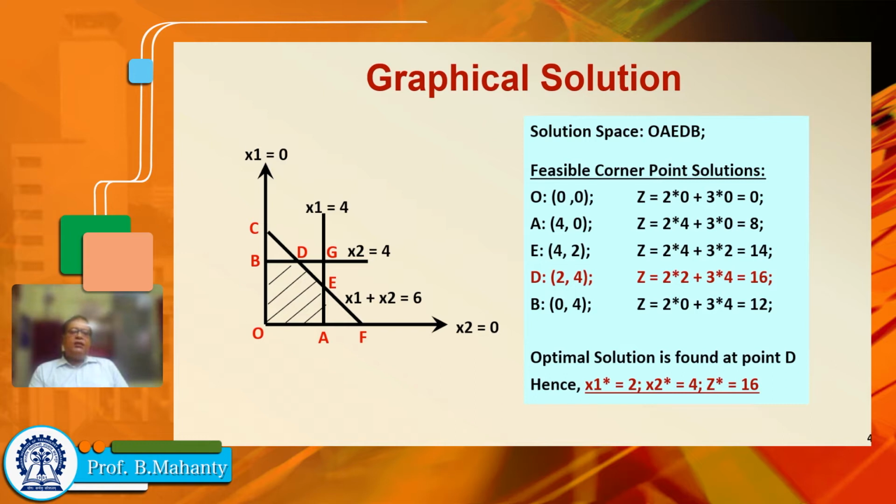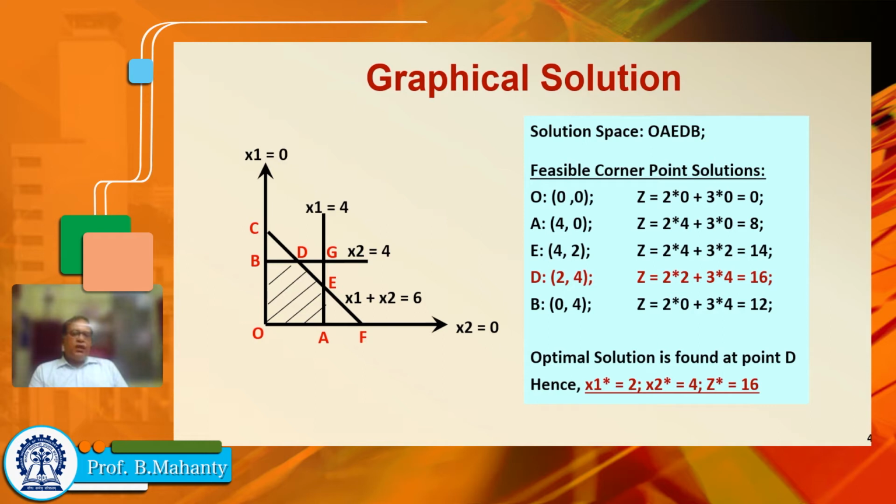So that is the essential idea here, that if we get a point, we don't have to evaluate all the points. In graphical method, we are evaluating all the points. In simplex, we don't have to do that. Maybe we can go from the point O to a more profitable point, maybe point B, and then from point B we go to point D, and that's all.